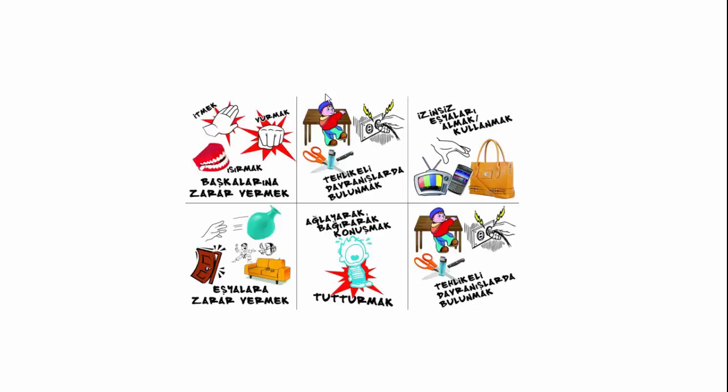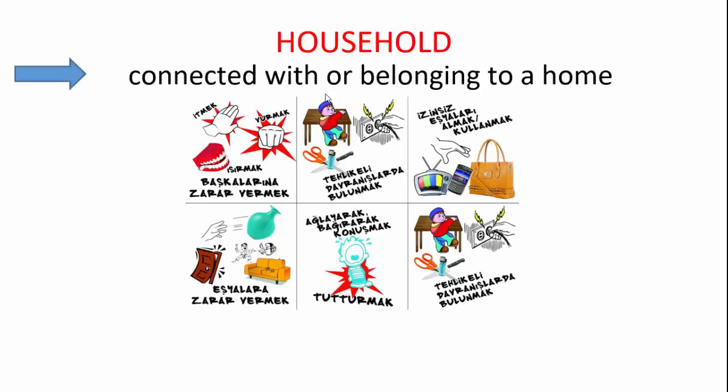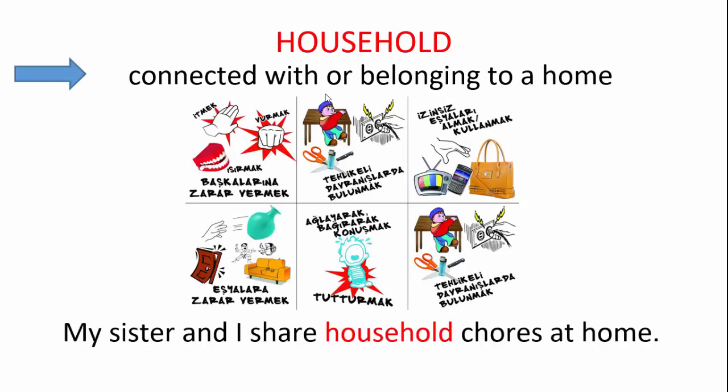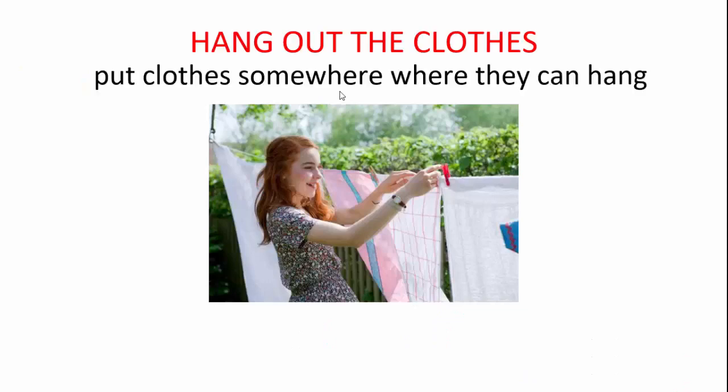Okay, now let's look at the vocabulary of this unit. Household. It means connected with or belonging to a home. An example, my sister and I share household chores at home. Hang out the clothes.